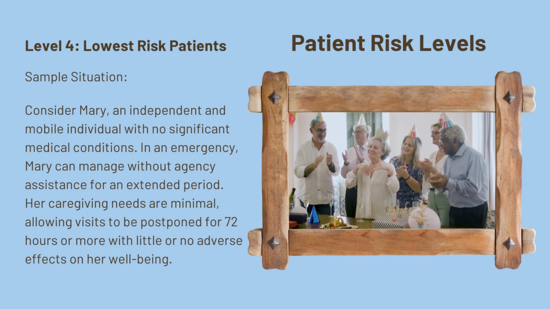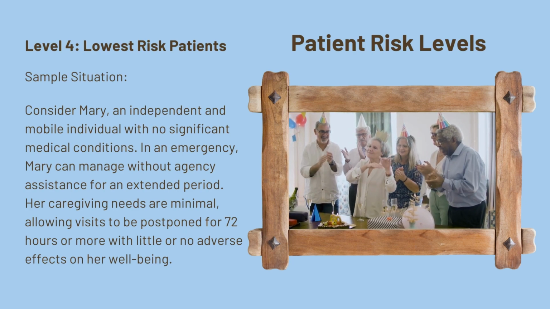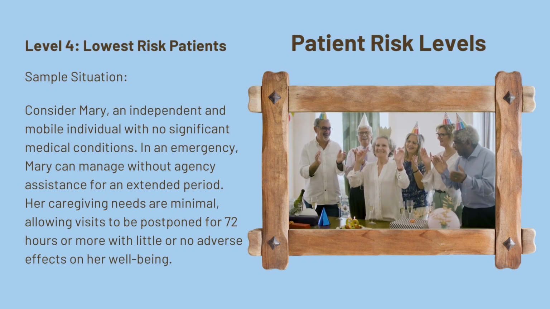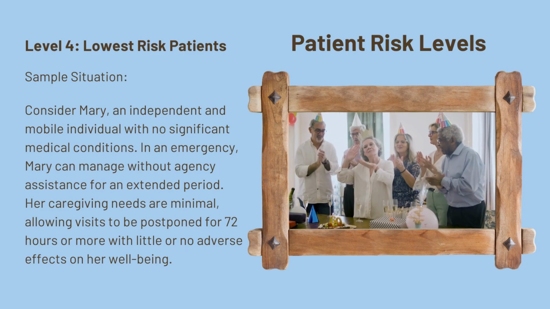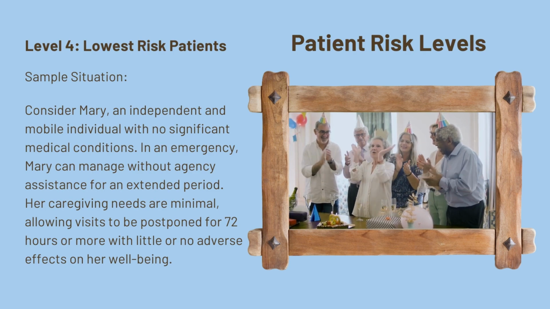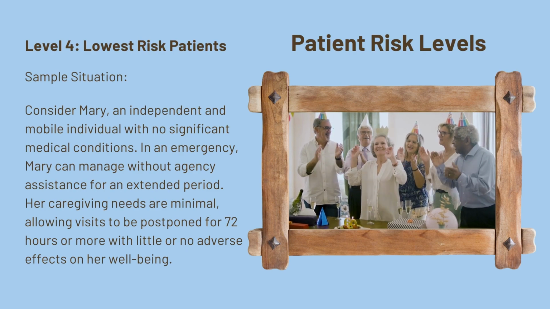Consider Mary, an independent and mobile individual with no significant medical conditions. In an emergency, Mary can manage without agency assistance for an extended period. Her caregiving needs are minimal, allowing visits to be postponed for 72 hours or more with little or no adverse effect on her well being.